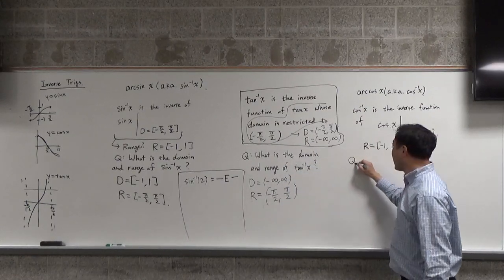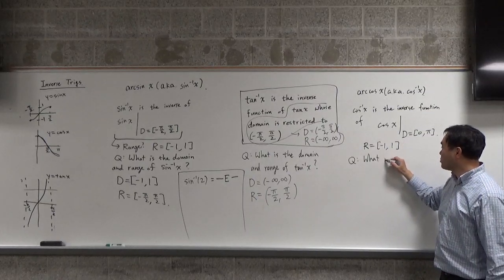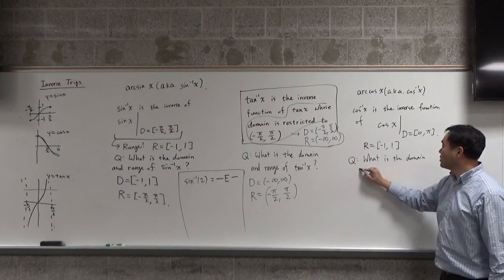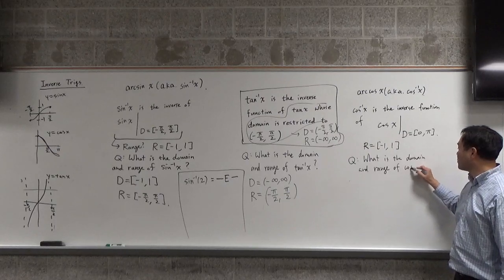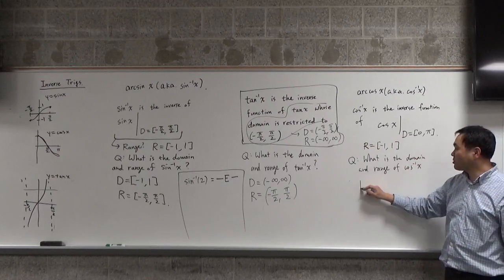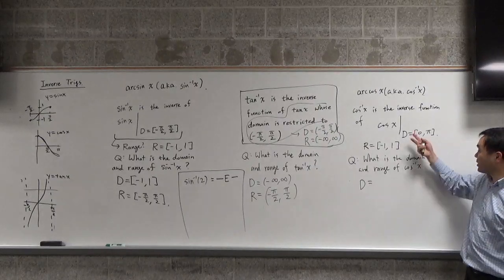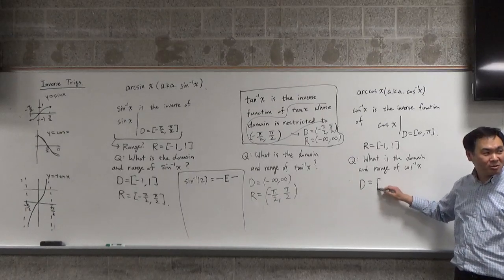So in this case, if I ask the same question, what is the domain and range of cosine inverse of x? What's the domain? These two flip.